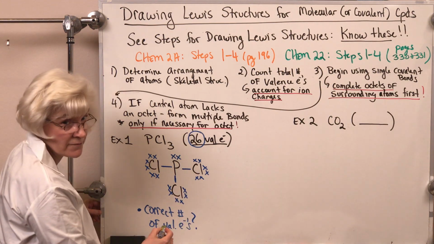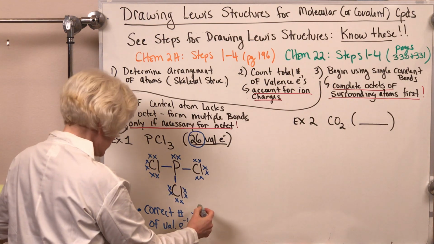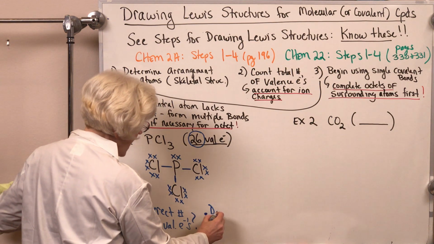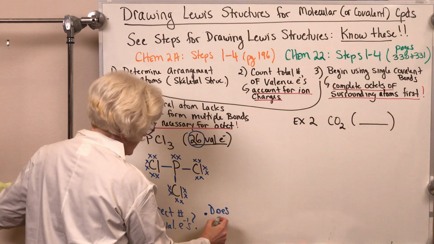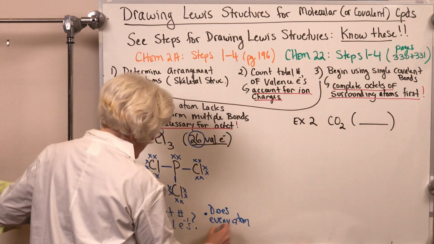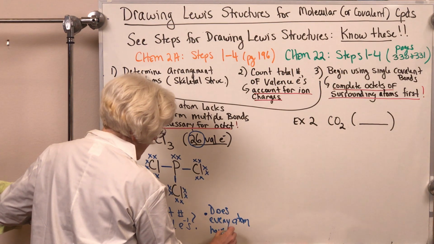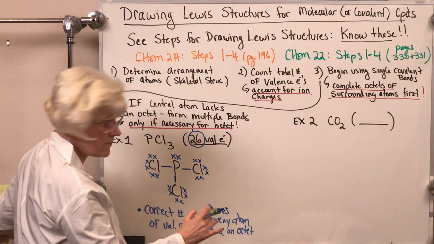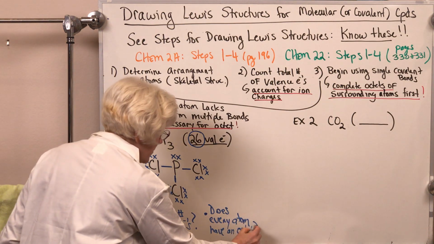It must have that correct number in order to be a valid structure. And does every atom have an octet? With the exception of hydrogen, of course, that follows the duet rule.